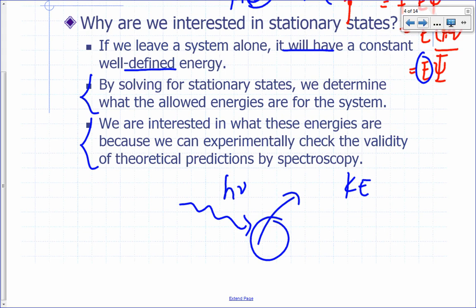The difference between the energy of the photon and the kinetic energy of the electron is just the binding energy. So it also gives you information about the allowed energies for the electron within the atom or within the molecule.